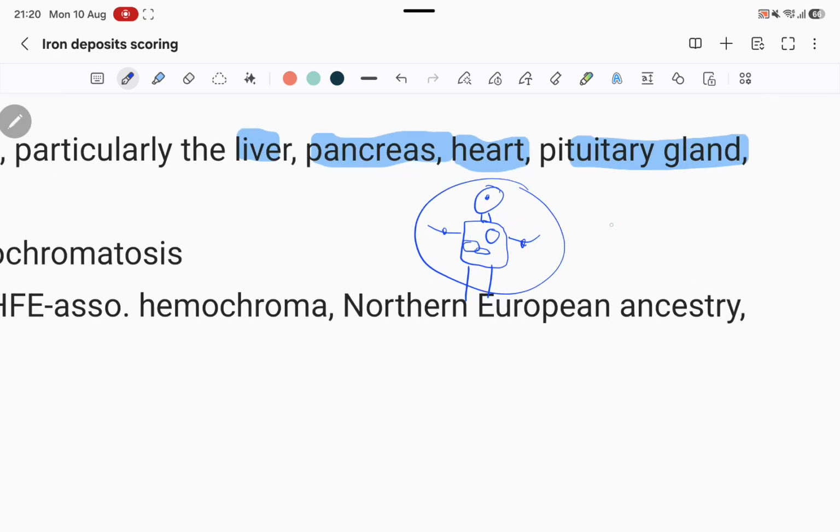So that's how many systems we've got. One is the liver, then the heart, then the skin, that's three. Then joints, that's four, and then five is the pituitary gland. If you want to think about it, it can be five things.